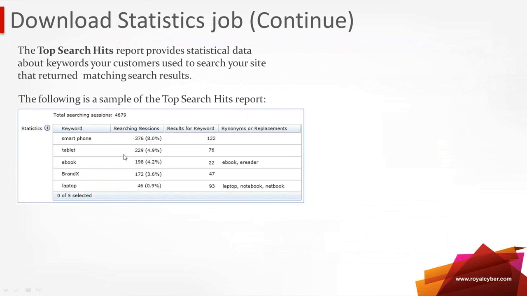So this is a view of the download status job. It shows that you can first select the duration you want to see the status data for, and then you can select if you want to see the top 5 most selected keywords, or the top 10, or all the keywords for that duration, and it will show you all the different keywords, how many sessions were generated for those specific keywords, and how many search terms were returned.